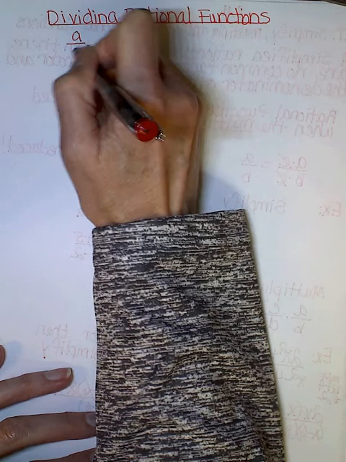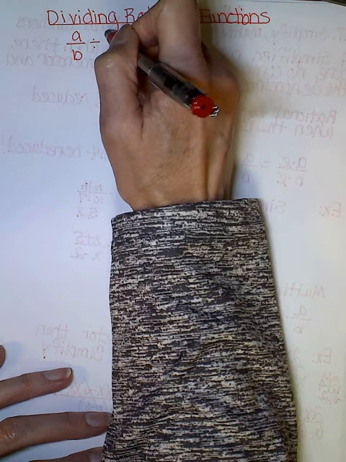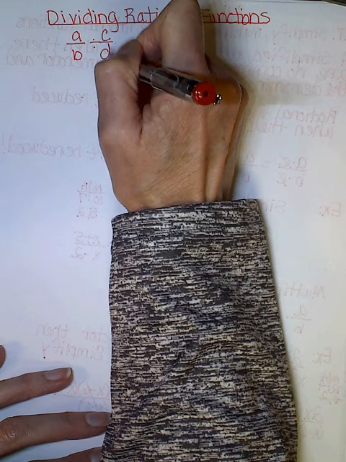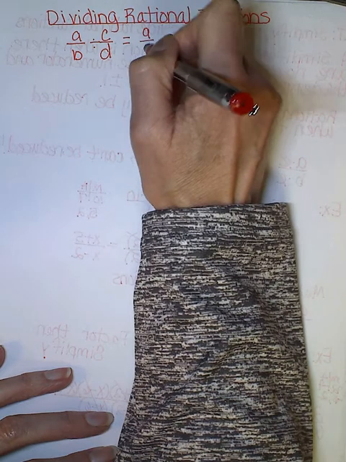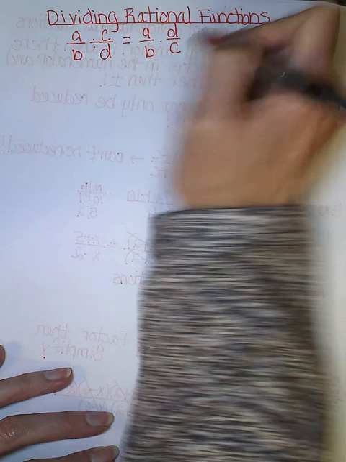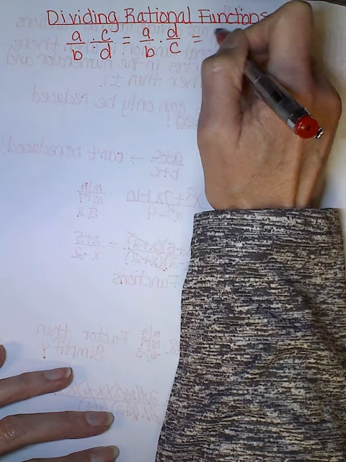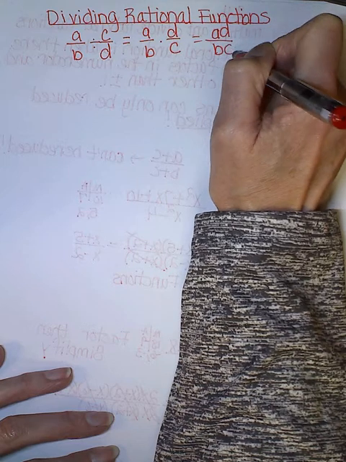We've talked about it before, but you did this mostly in junior high. When you're dividing fractions, you change it into a multiplication by the reciprocal. So we're going to flip the second one. And then you would just multiply straight across.